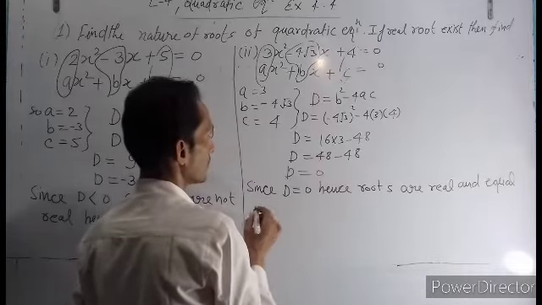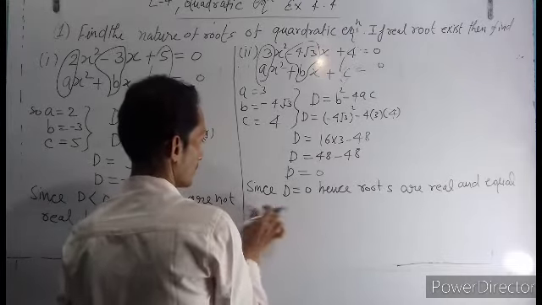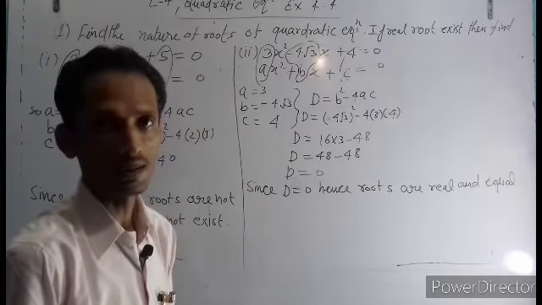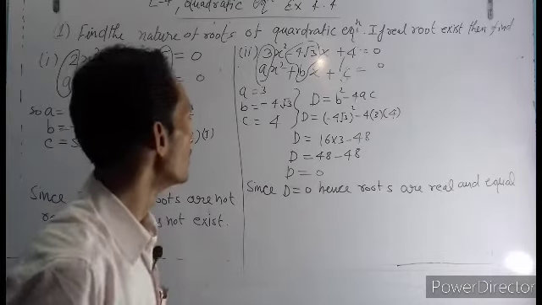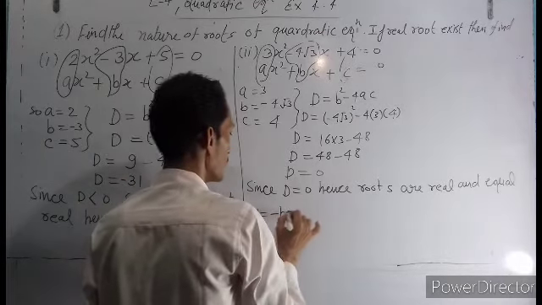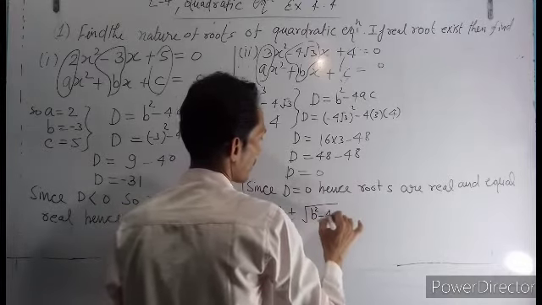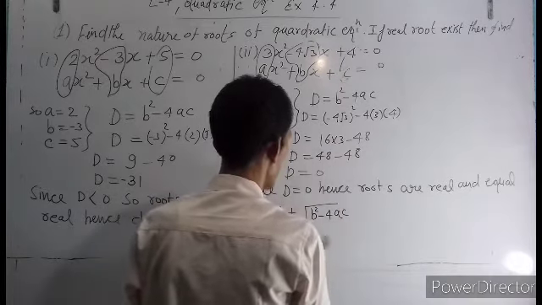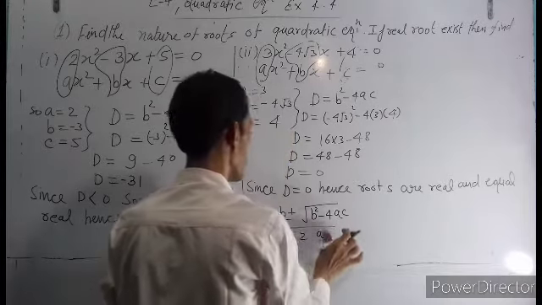So how can we find the roots? How can we find the real roots? According to the previous exercises, by the quadratic formula we can find the real roots. So x equal to minus b plus minus under root b square minus 4ac, upon 2a. Put in all the values.